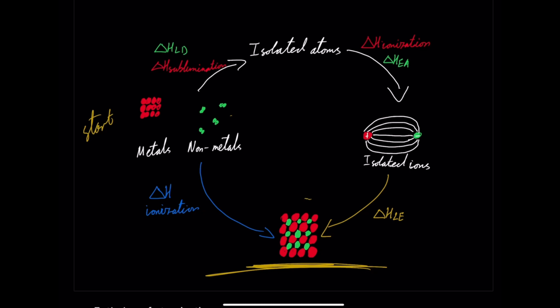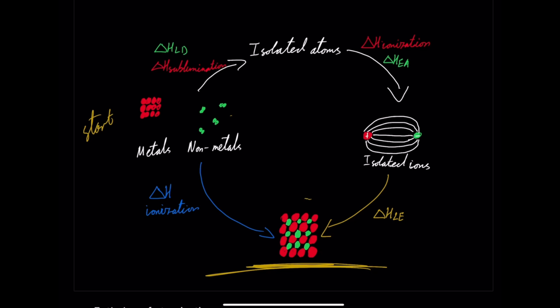I believe so. If I'm wrong on that, I'll edit it in or leave the definition of sublimation in the description. I'm pretty sure sublimation is going from a solid to a gas, but just double check that one.